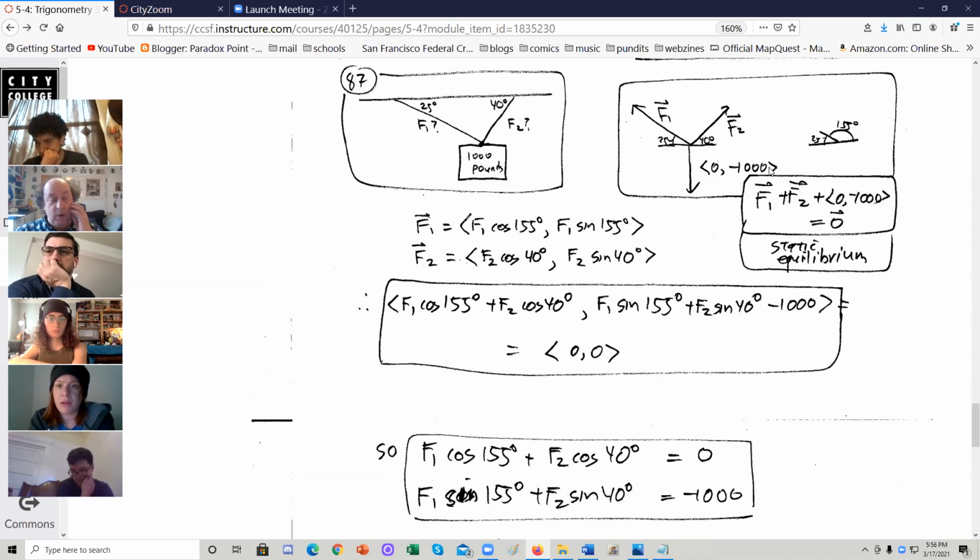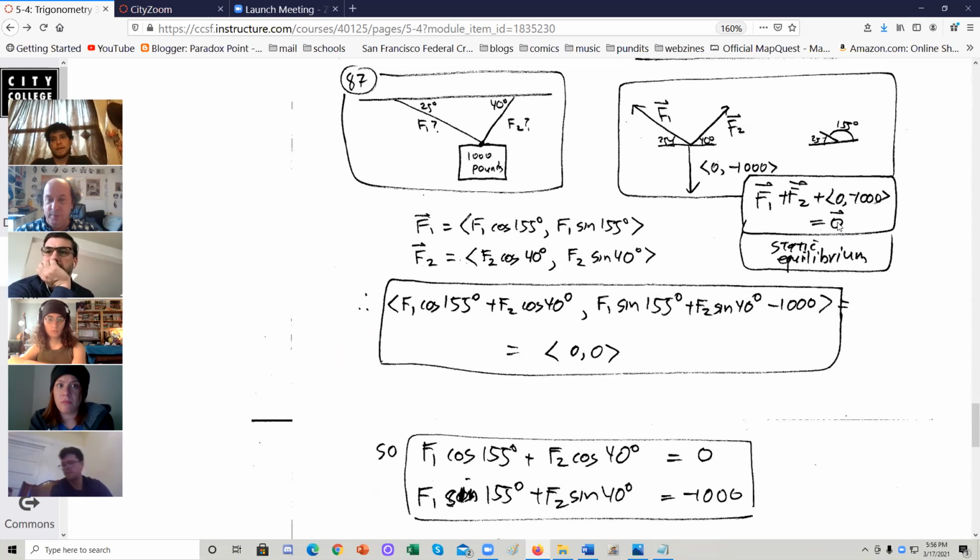Now we use a basic rule of physics, which is that if a system is at equilibrium, then the forces add up to 0. Otherwise, this weight of 1,000 pounds would be accelerating in some direction. Since it's not, the forces add up: F1 plus F2 plus (0, -1,000) is 0.